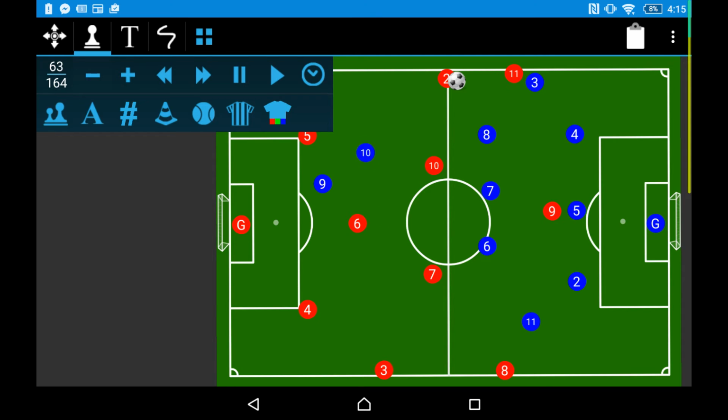We're looking for the right time to exploit, and because the ball is coming out on the left hand side, the run of number 10 as we look to win the ball back and make our transition into attack, the number 10 will be looking to exploit that space that we just spoke of by running into it.